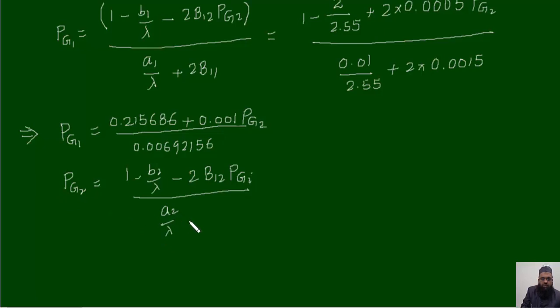So for Pg2 we'll have A2 upon lambda plus 2B22. So after substituting the values, we will write 1 minus.